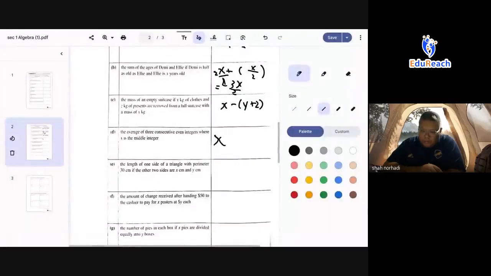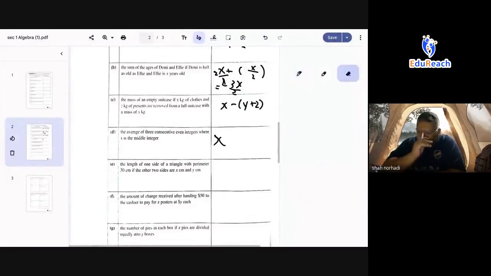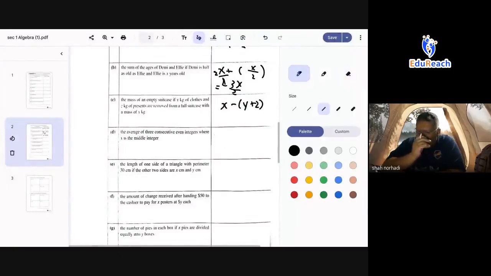Then what will be the previous number? Previous in even integers. That means you must minus 2. Okay, you minus 2. So you write down x minus 2. That's the first number. Second number will be x. Third number will be x plus 2.